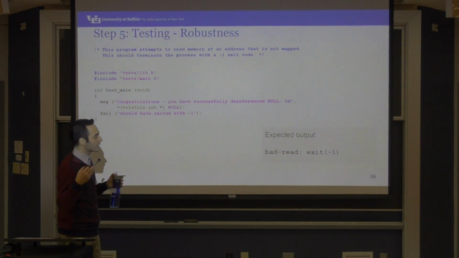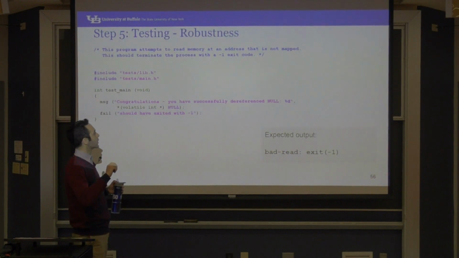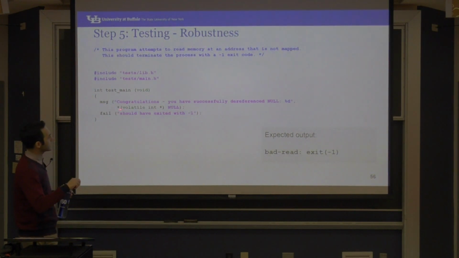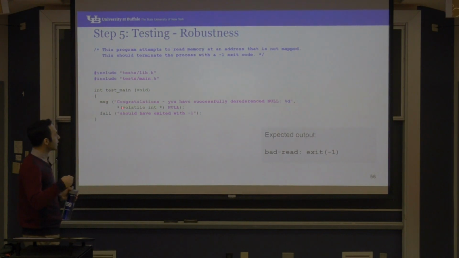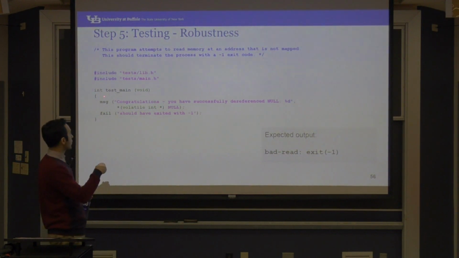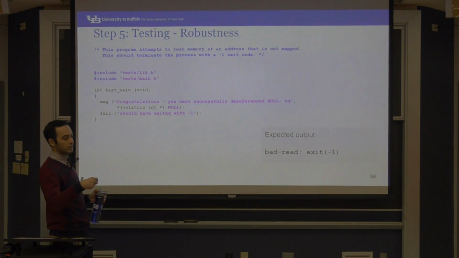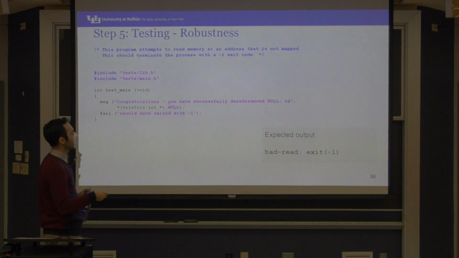And so the expected behavior, for example, is that if you are trying to dereference the null pointer, and this message gets printed, congratulations, you have successfully dereferenced null, right? The expected behavior is that the kernel actually does not allow this, and upon this, a page fault happens, and before continuing the rest of this program, which is printing this, the kernel stops that program, right?